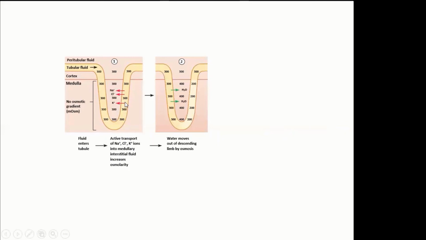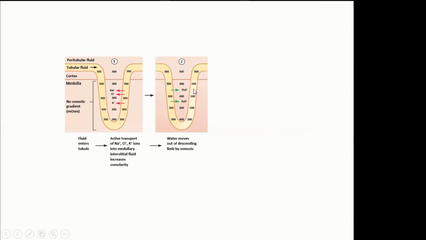So when we actively transport those solutes out of the tubular fluid and into the medulla, what I want you to note before we look at those green arrows is that before, everything was labeled at 300, right? We still have 300 up here in the cortex. We still have 300 here in the descending limb. But now the osmolarity of this ascending limb has gone down to 200 milliosmoles because we took solutes out. So they're less concentrated, so we have a lower osmolarity.